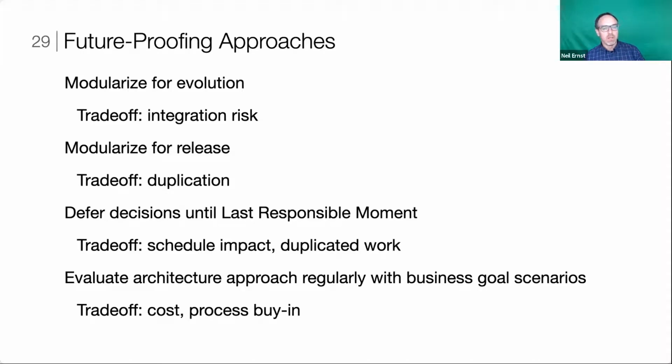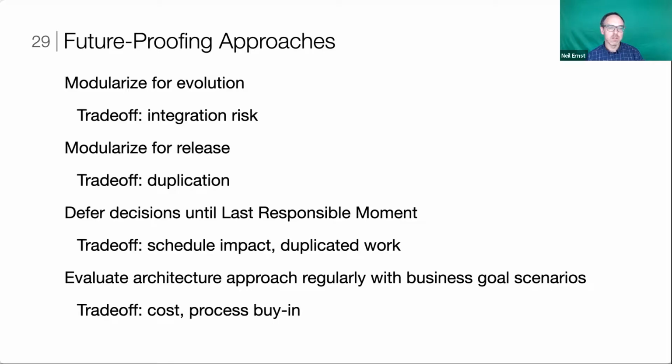There's a couple of different approaches that we can look at. And if you have other questions about this, I'm more than happy to answer them in the Q&A. We can try to modularize the system so that it can be evolved pretty quickly and easily. For example, we might say we're going to make each of the elements of the Square Kilometre Array into its own module, and each module is very independent from the others, some kind of microservice version of the architecture.